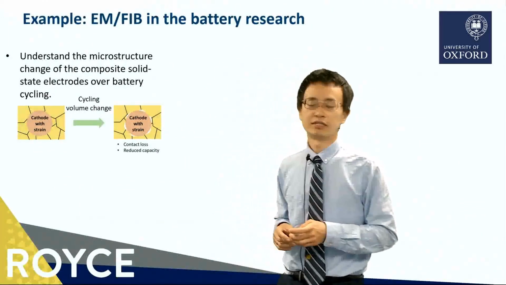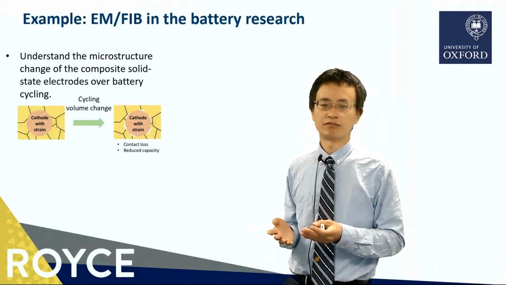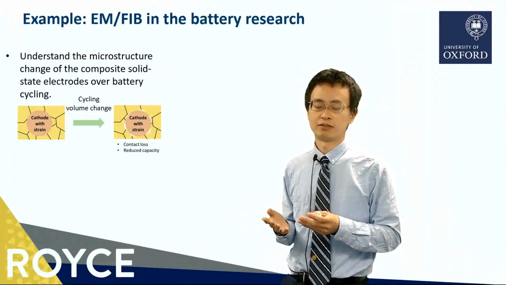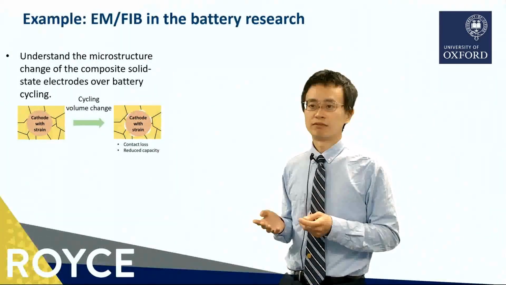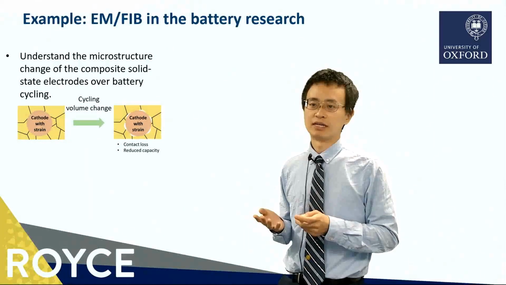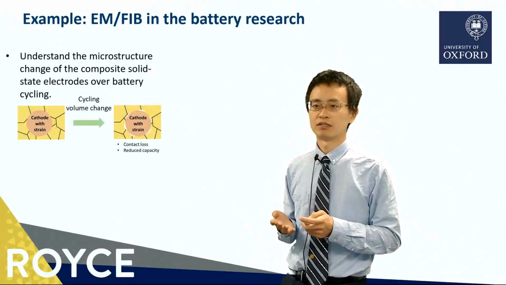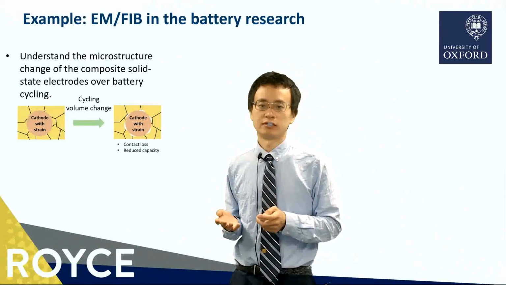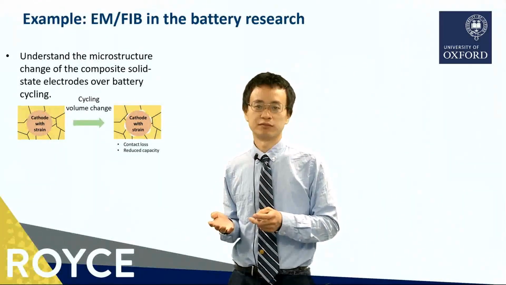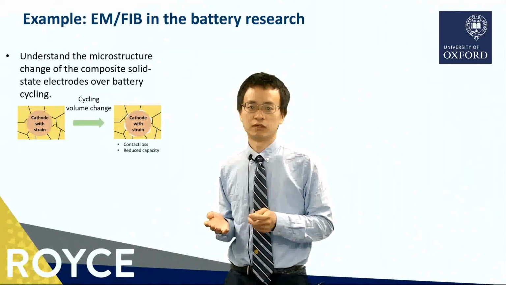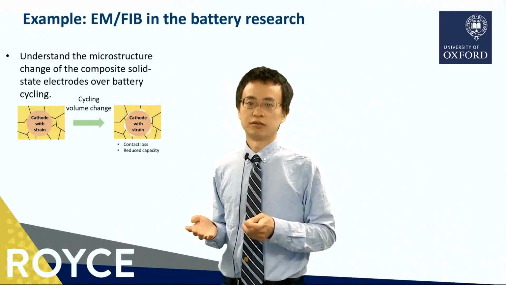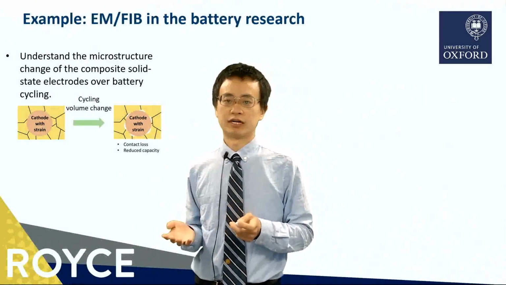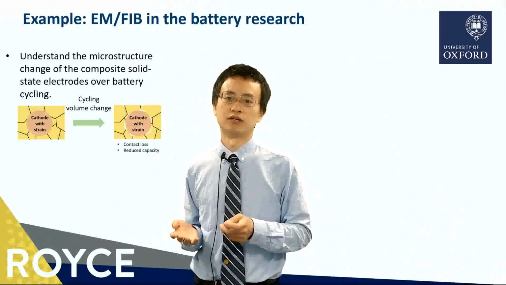Now, I want to give you an example of how I use this kind of technique for my battery research. A project that we have done is try to understand the microstructure change of the composite solid electrolyte over battery cycling. That is to understand the composite cathode part inside the solid battery. The cathode had the issue is that the volume of the cathode particles can be changed over battery cycling.